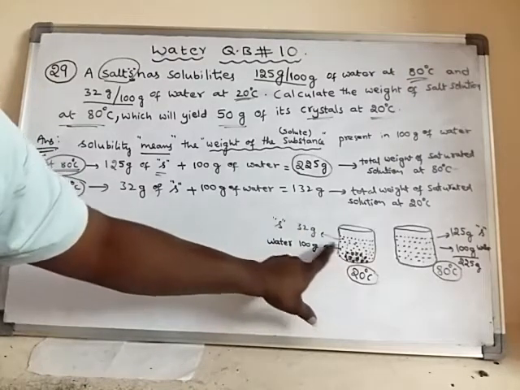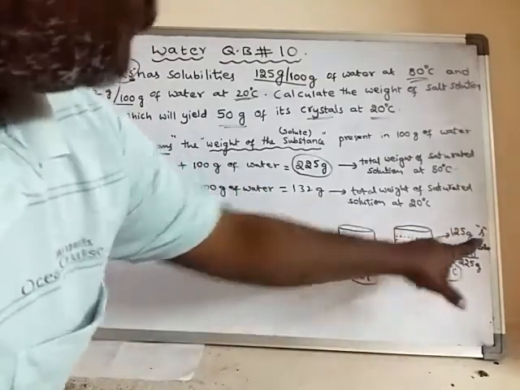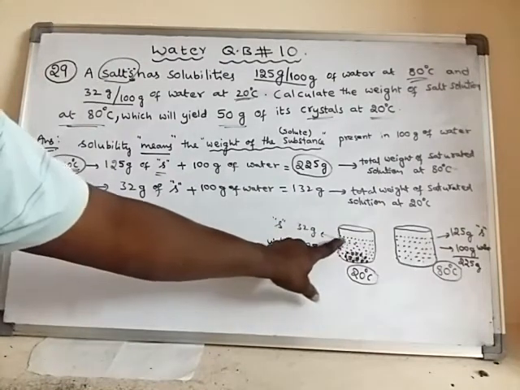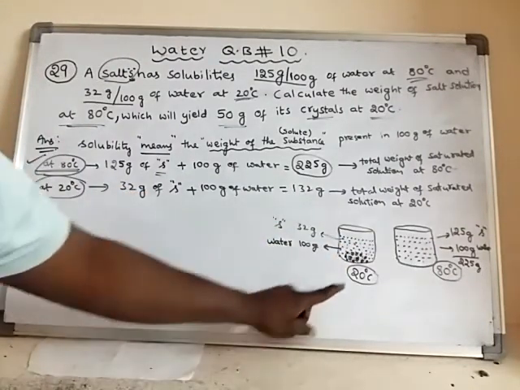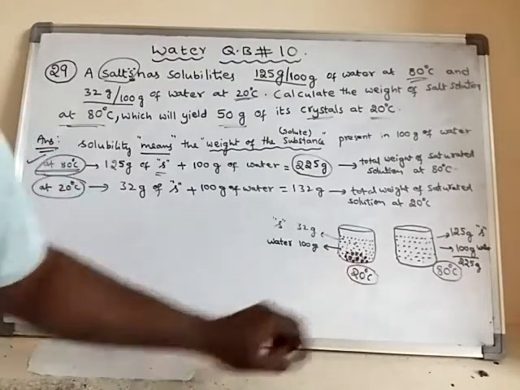Then what will happen to the rest of the salt? Out of 125 grams of salt, only 32 grams of salt is present in the dissolved form. So the remaining salt will convert into undissolved crystals.